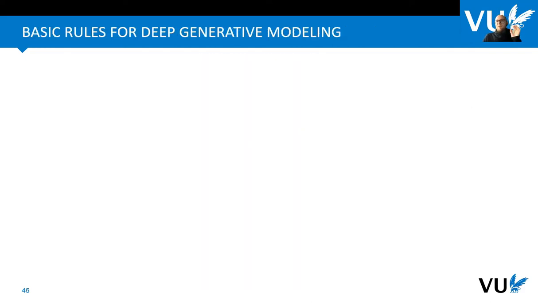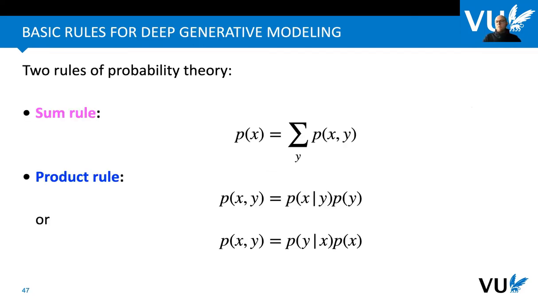Before we jump into more concrete topics, we will discuss a few of these classes, not all of them because of lack of time, but some basic rules for deep generative modeling. Generative models take advantage of probability theory. Probability theory is the language of generative modeling, and we definitely use two basic rules.